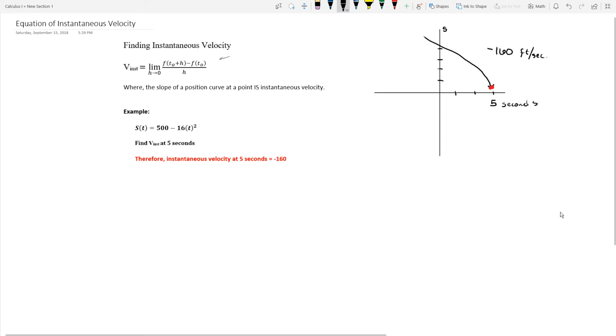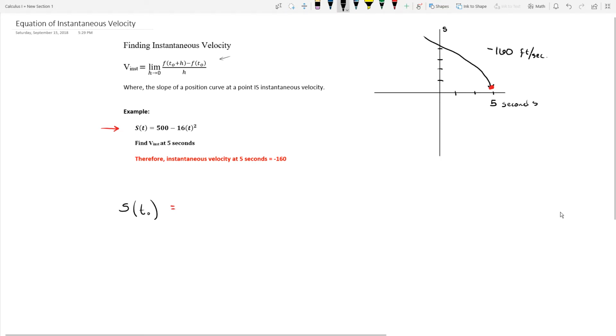So we'll just say f of t sub 0 plus h and f of t sub 0. Actually, I'm just going to continue using the correct variable, so it's s. The reason I say that is that here we are given the equation for the trajectory, and what we want to do is solve this down for the slope at a point.